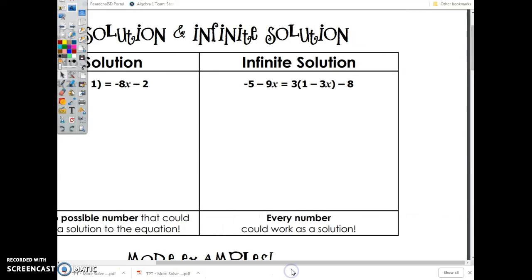How is it going to look when you have infinite solutions? We're going to do the same thing. Start off with distribute. So I want you to distribute this number here and here. Go ahead.